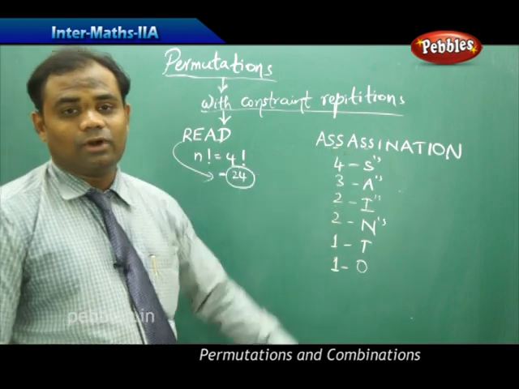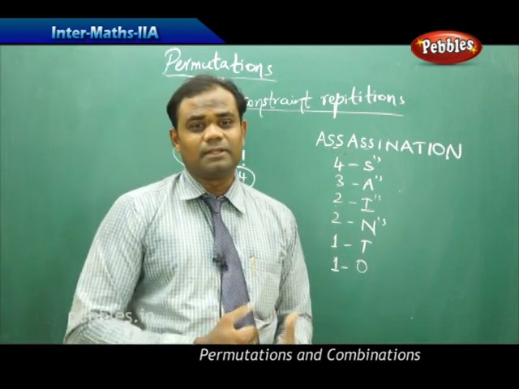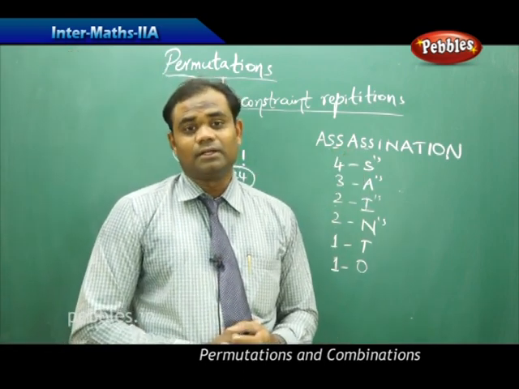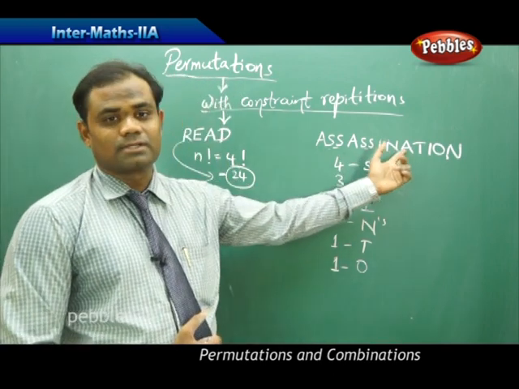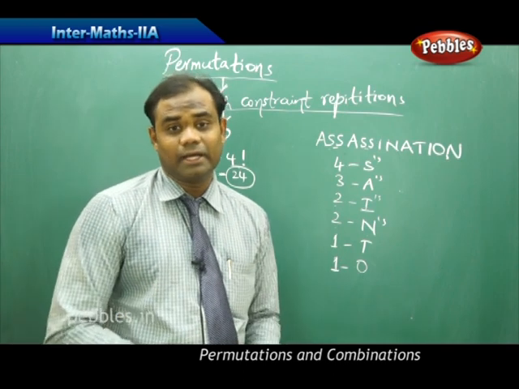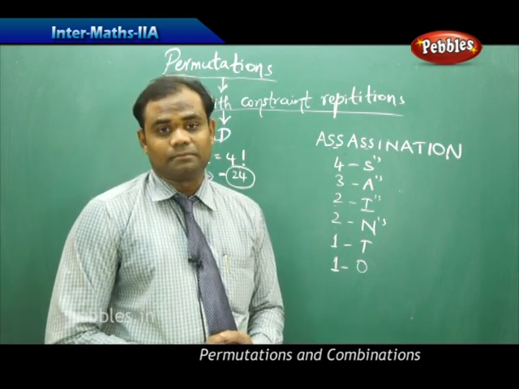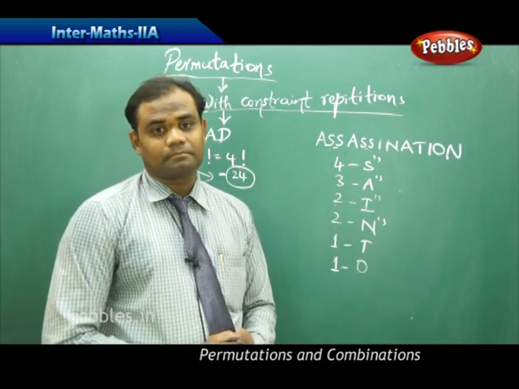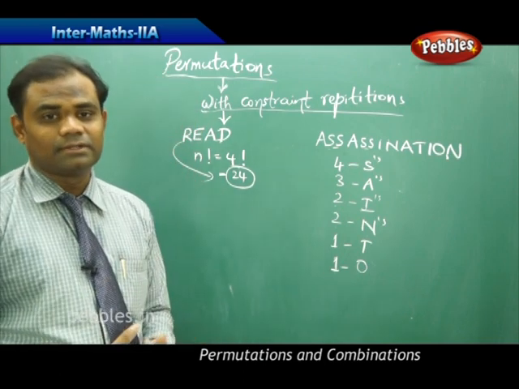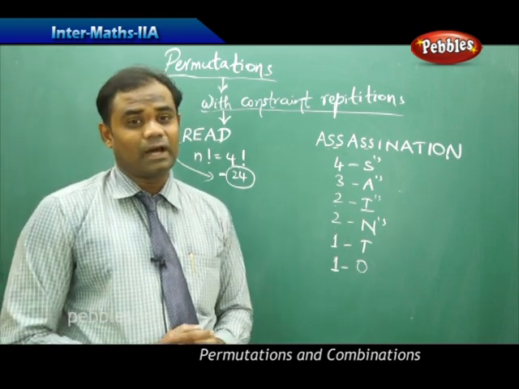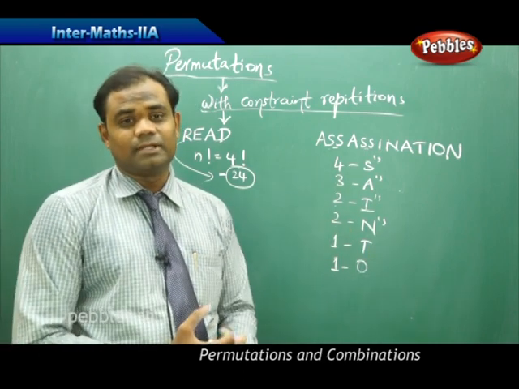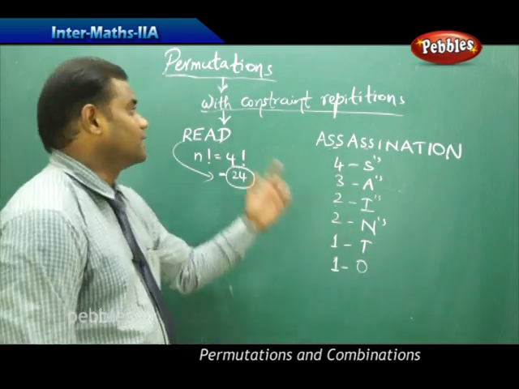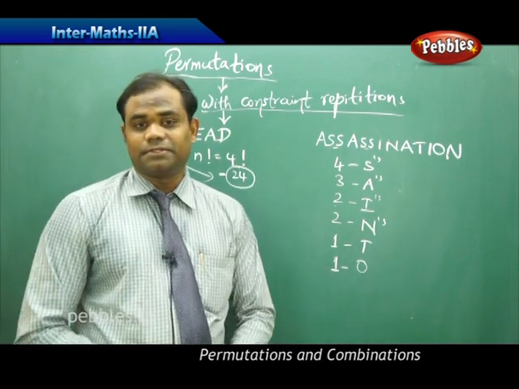A combination of similar and dissimilar things means the number of permutations cannot be found with the formula nPr. Definitely, this will not be applied. Or if there's a continuous repetition, I can use the formula n power r, but when you have a combination of similar and dissimilar things, then we get permutations with constraint repetitions.